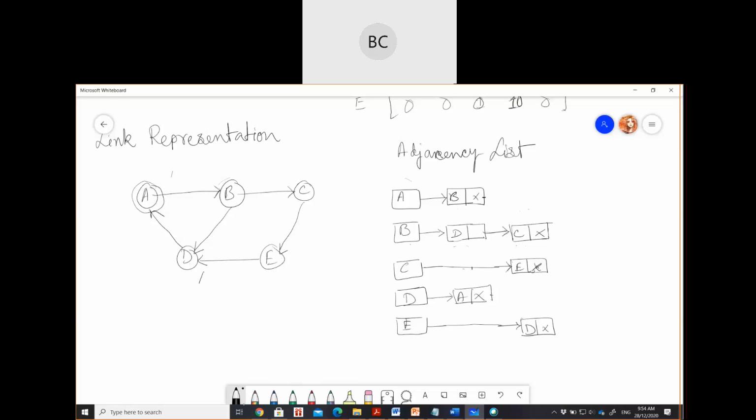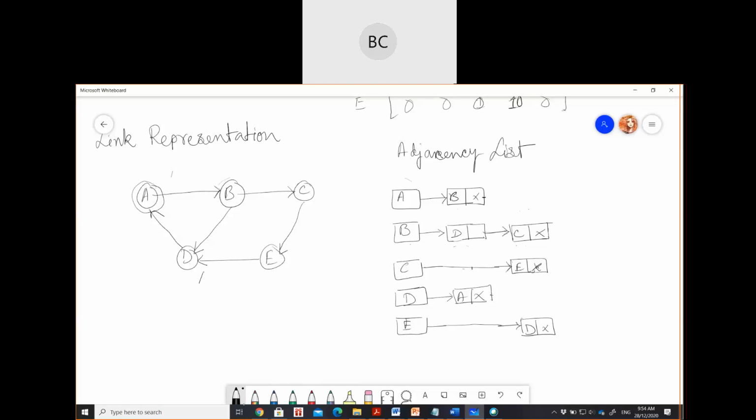Now, let's see what will happen for the weighted directed graph. If you are using a weighted directed graph, that means you need to store both the name or the data for that particular node and also the weight of that edge.